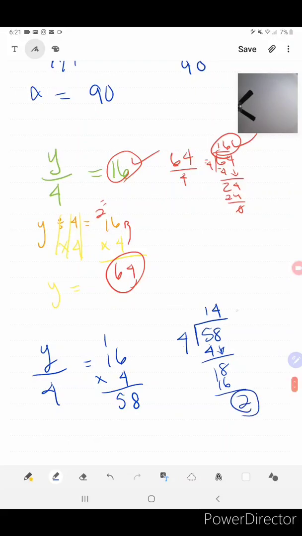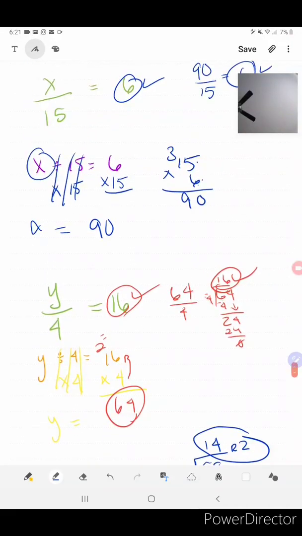But I have a remainder of 2. This was not my answer. My answer was supposed to be 16. So that's how you know your answer is wrong. So when you check it, if the answer does not match up with the original, which is 16, that means you did something wrong with your work. So don't forget to check your work, guys.